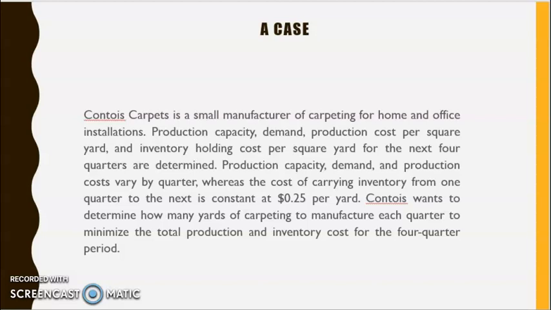Production capacity, demand, and production costs vary by quarter, whereas the cost of carrying inventory from one quarter to the next is constant at 25 cents per yard. Contois wants to determine how many yards of carpeting to manufacture each quarter to minimize the total production and inventory cost for the 4-quarter period.